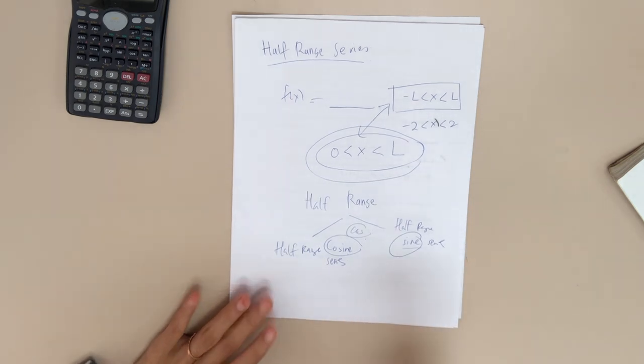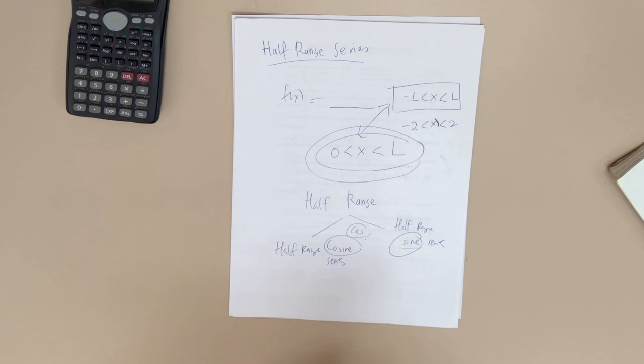In other words, for half range, the steps are shorter than the previous one. If you solve a Fourier series, the first step is to find out whether the function is odd or even.